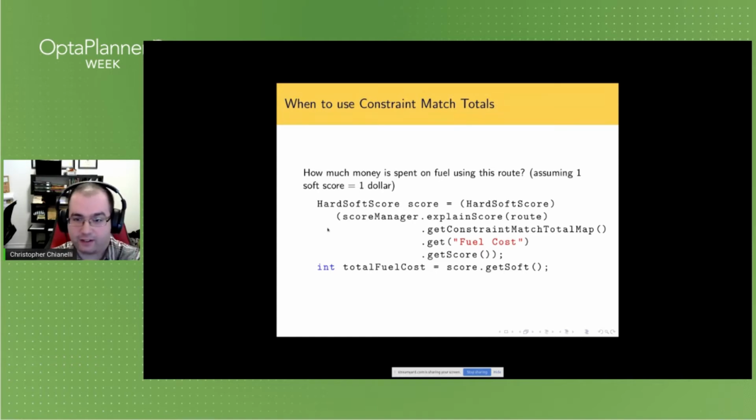And then we get the constraint match total map and get fuel costs. But now instead of getting the count, we simply get the score. After we get the score, we get the total fuel costs, and that would be the soft score.